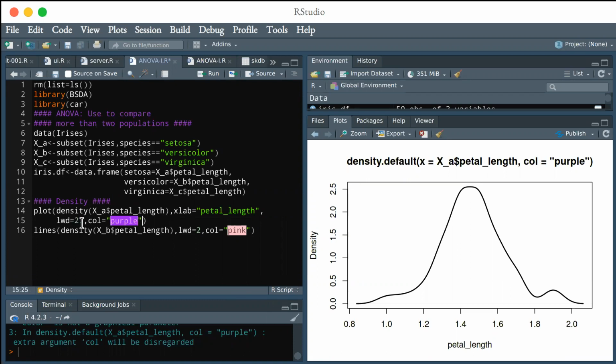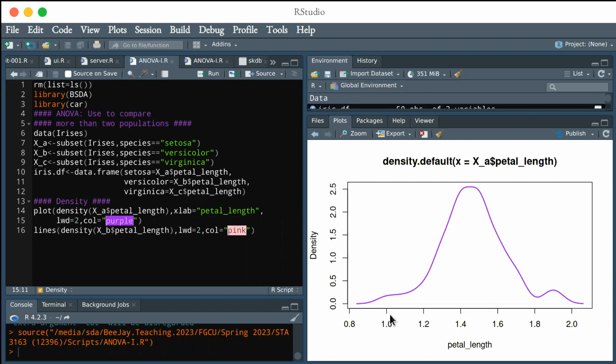Should be outside of density. So I have the first one, but the second one isn't getting added, the pink one. So I'm going to do add equals true. Let's try it outside.